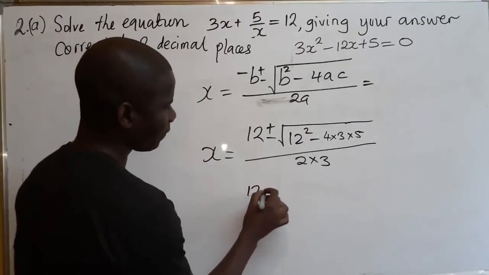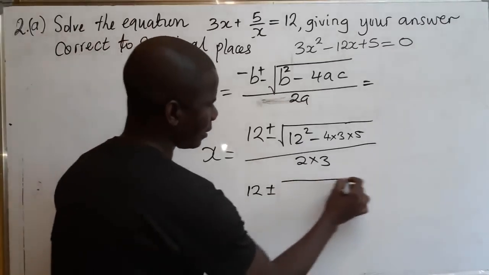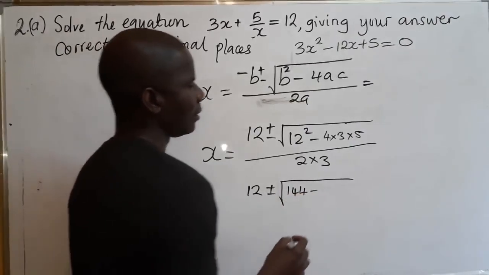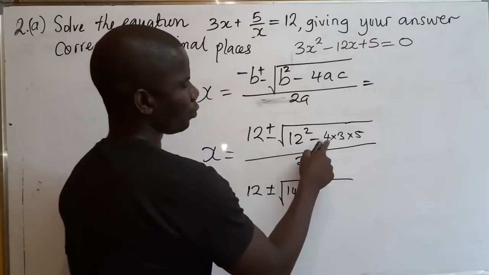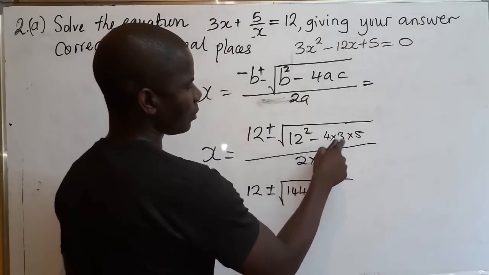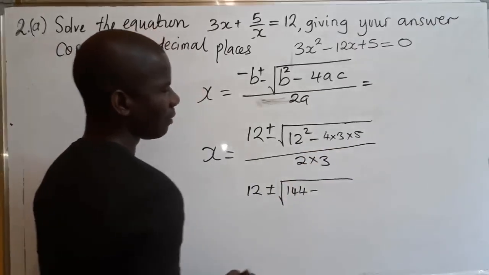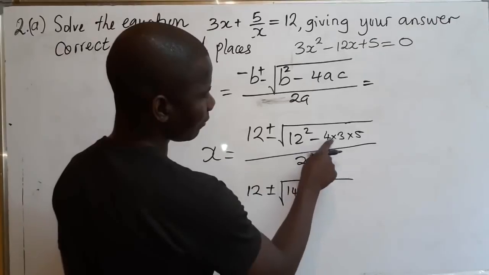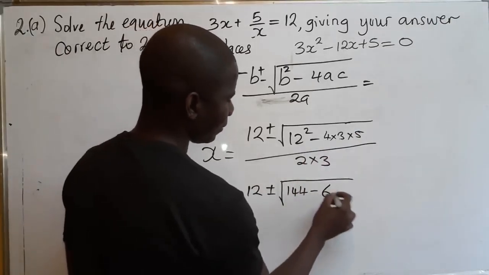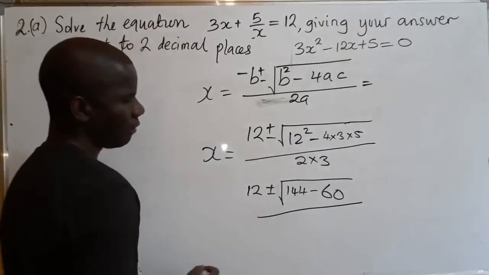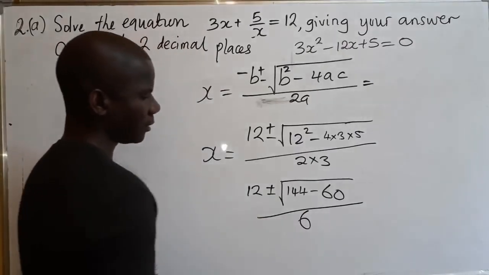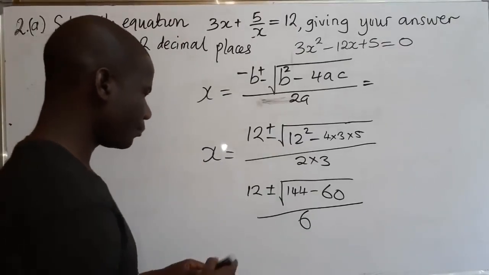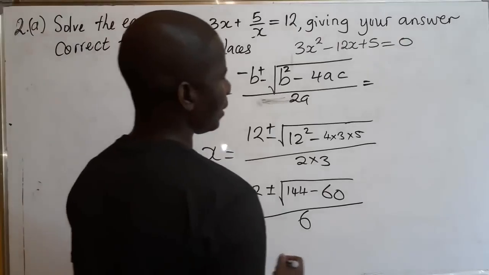This gives us 12 plus or minus the square root of 144 minus. 4 times 3 is 12, then 12 times 5 is 60. Okay? So that is 144 minus 60, over 6. Are we there?